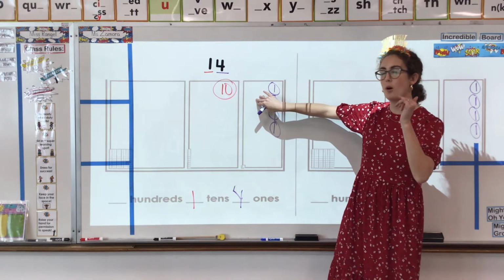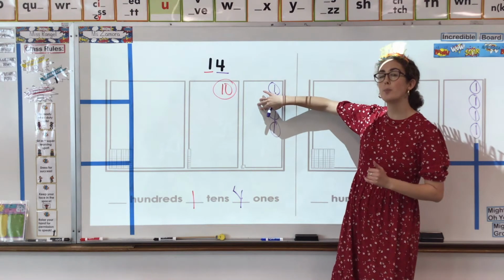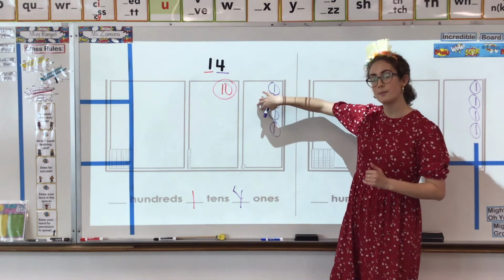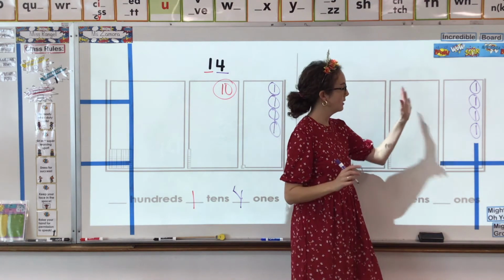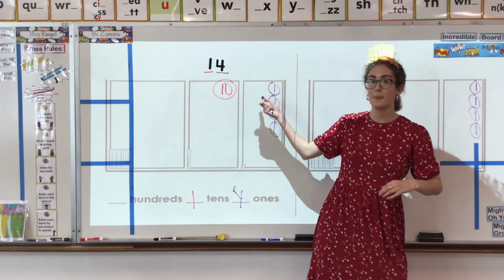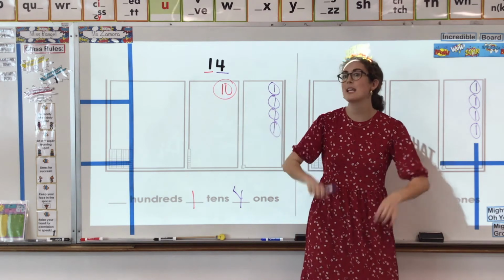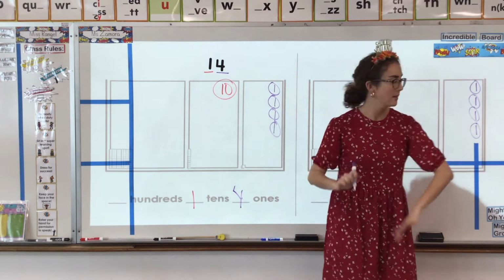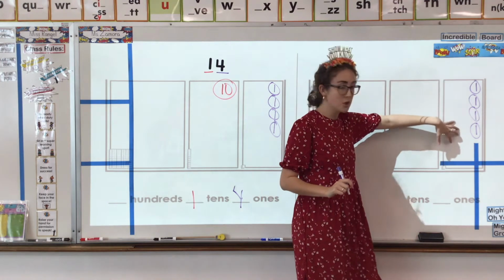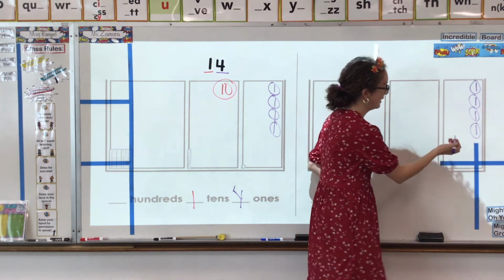So what did we just go over? If this 1 ten is going to now become a group of ones, how many would we get? We're going to add how many ones? 10 ones, because 1 ten equals 10 ones. So let's go ahead. Can we draw 10 more ones in our ones place? Let's see.